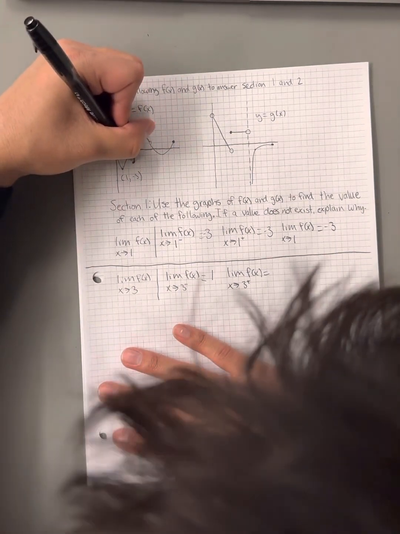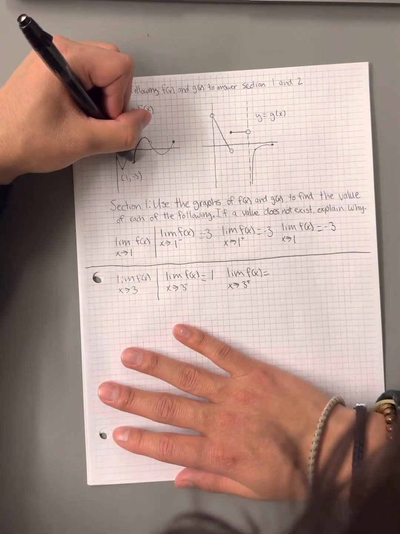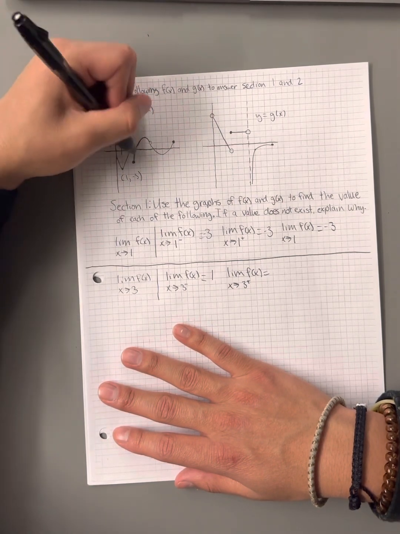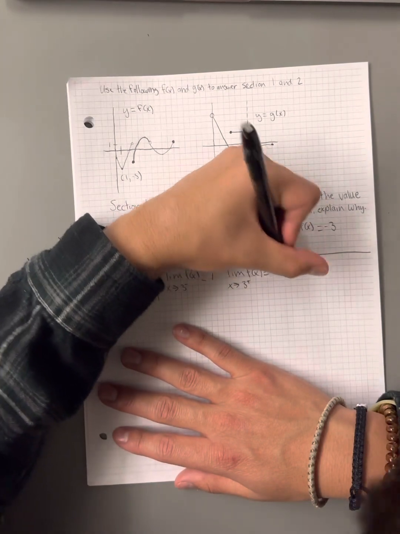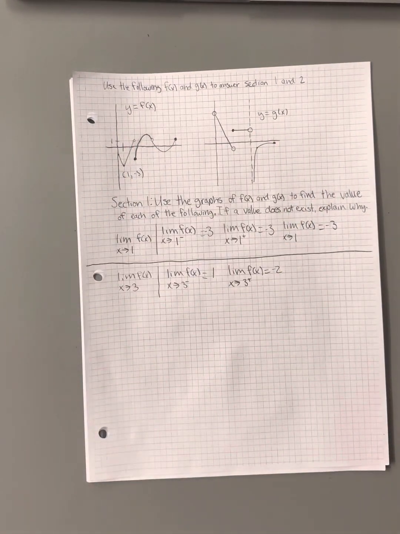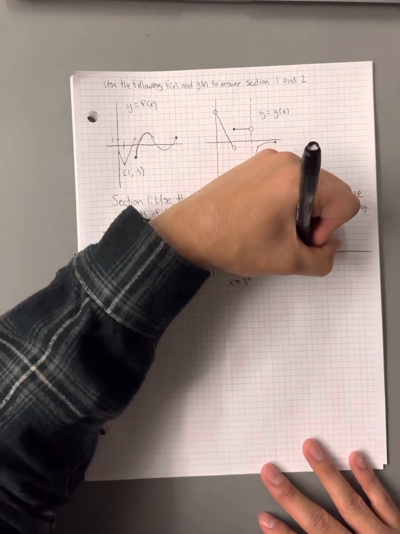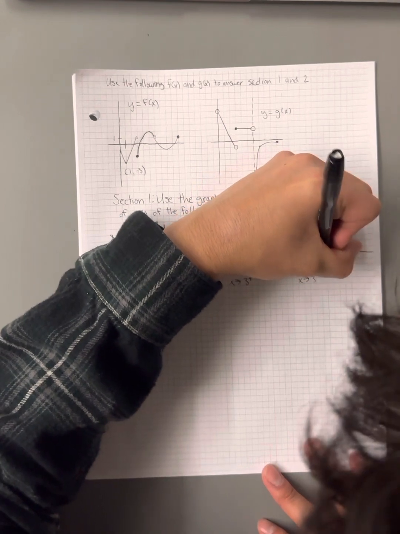And we actually have a filled in circle right here, which tells us that from the right, it actually does touch that point. That point being -2. But we have a bit of a problem. It does not approach the same value.